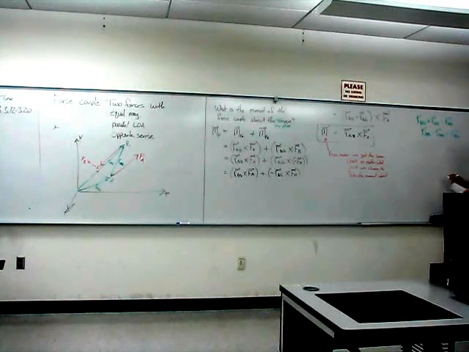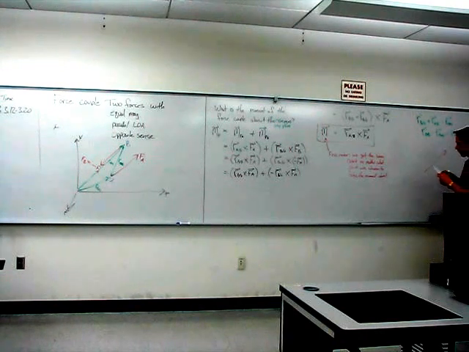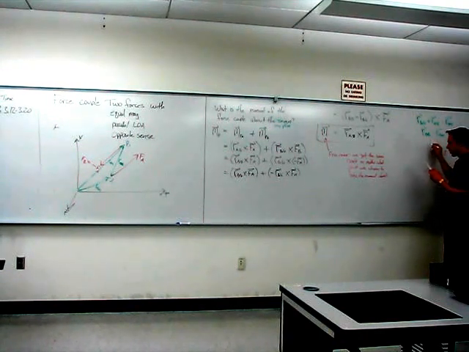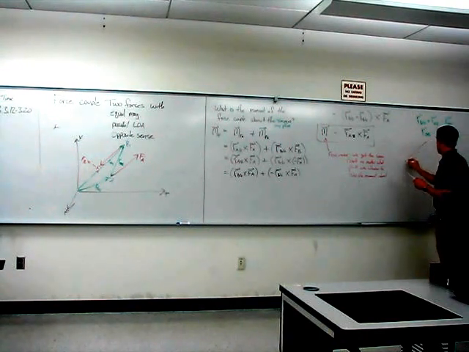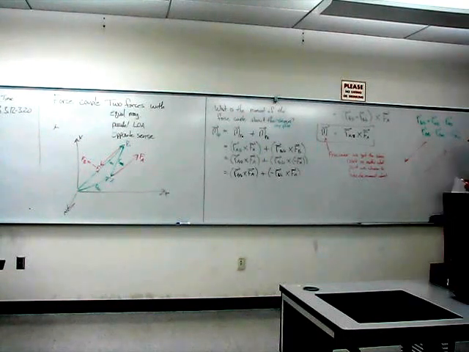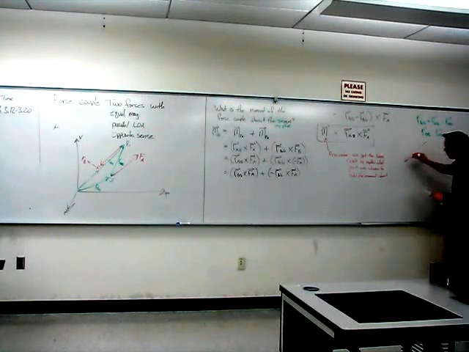So if you've got your force vectors, and let's say that they're positioned like this maybe. So here's one of the forces that's in the force couple. This would be the minus one.